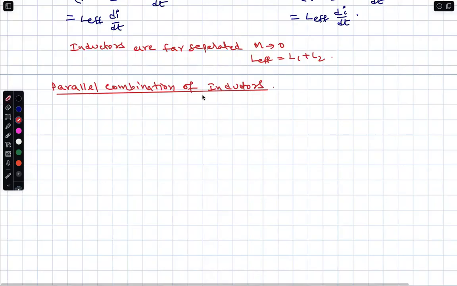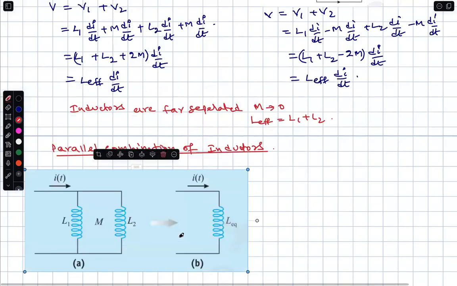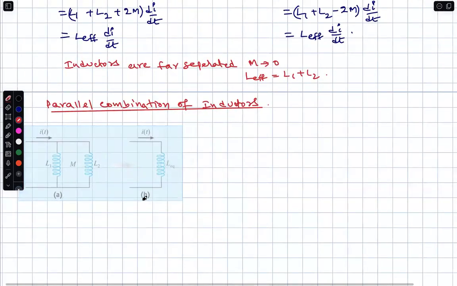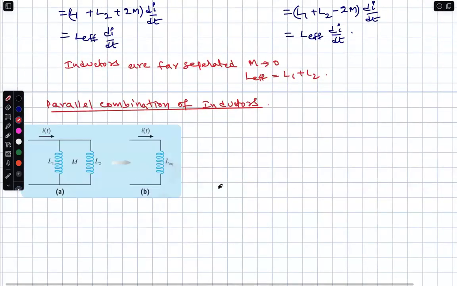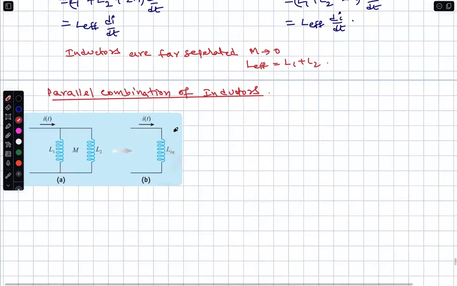In this situation, how they were coupled is also important. For example, you take a case like this. There is some mutual inductance. Just now we have done this question. In this case, at any instant, what is the potential difference across the first inductor?